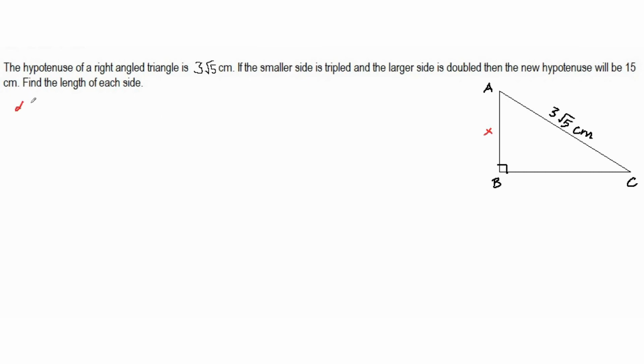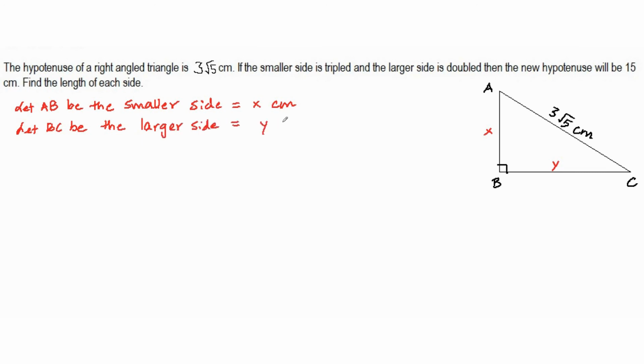So let AB be the smaller side, and that equals x centimeters. And there is a larger side therefore, so let y be the larger side. So let BC be the larger side, and let that be equal to y centimeters.